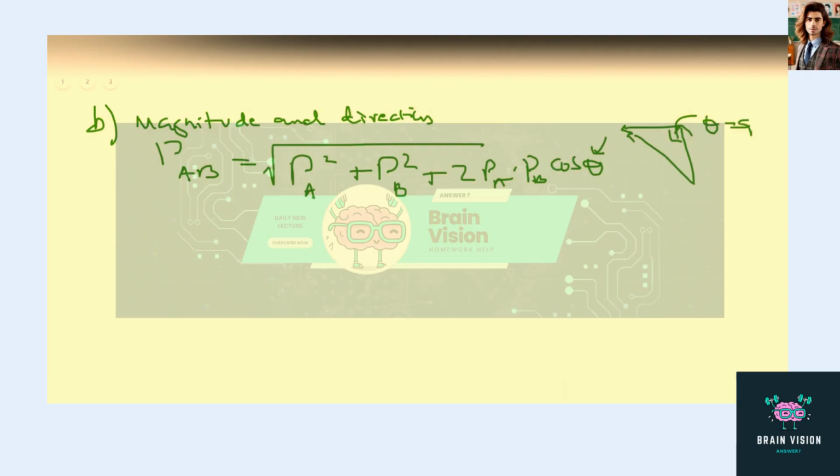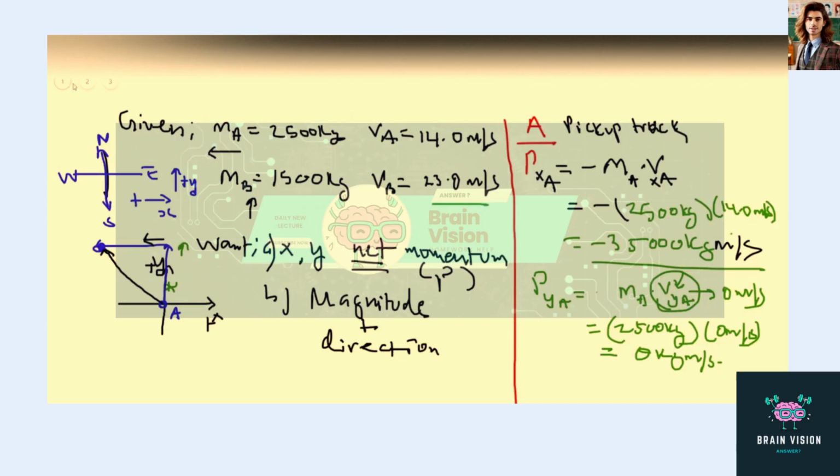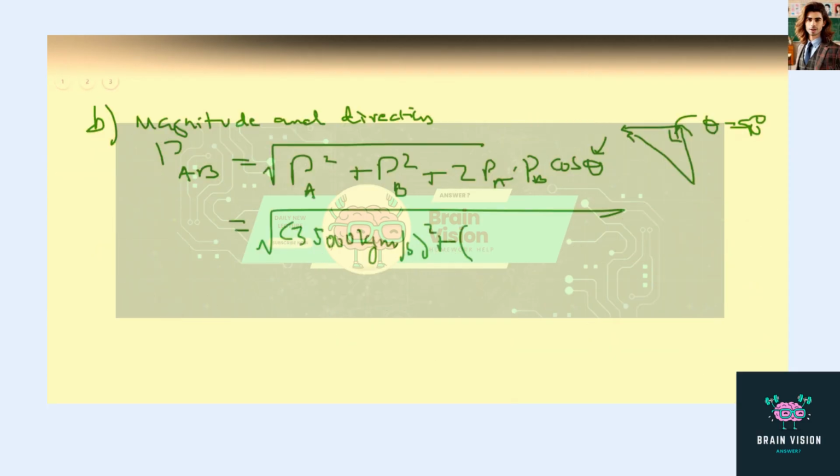So theta is 90. Okay, so then if we plug in the numbers for the momentum for A, we get 35,000 kilogram meters per second. We want to square that, and then for B we get, well, actually remember it wasn't just 35,000, it was negative 35,000, so we have to recall that.